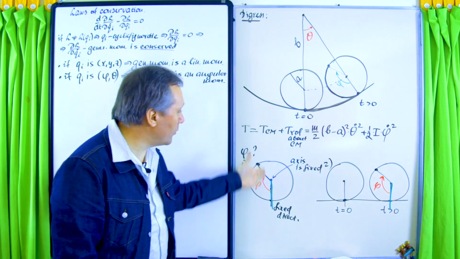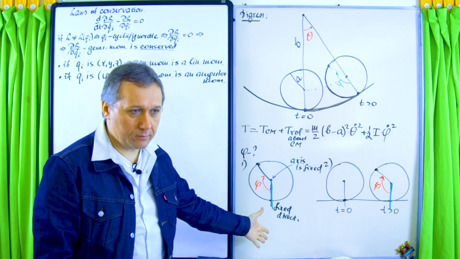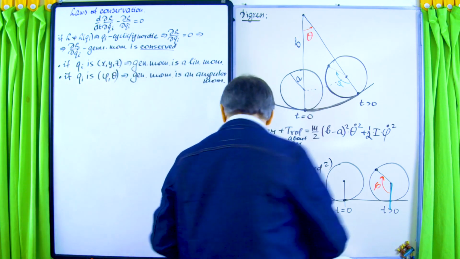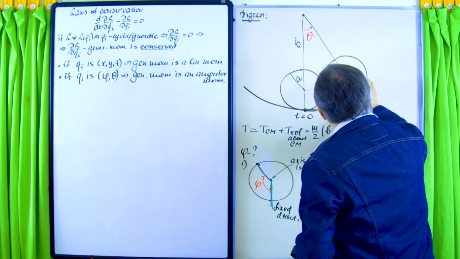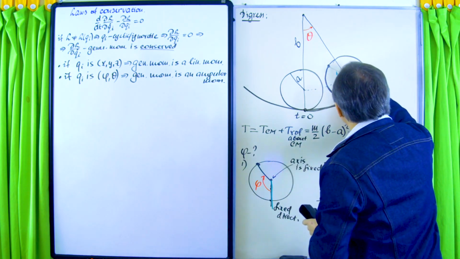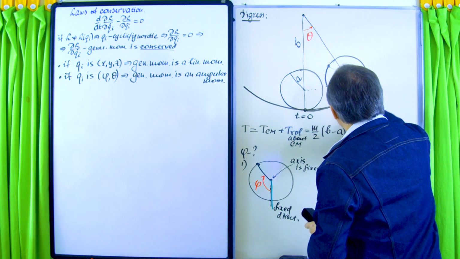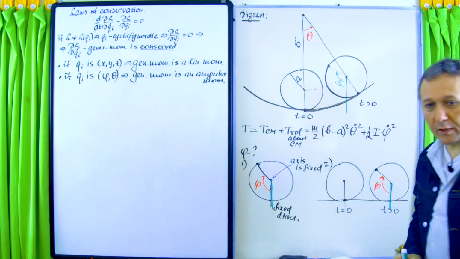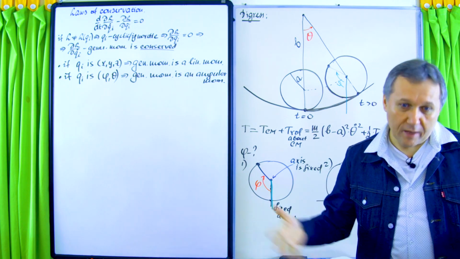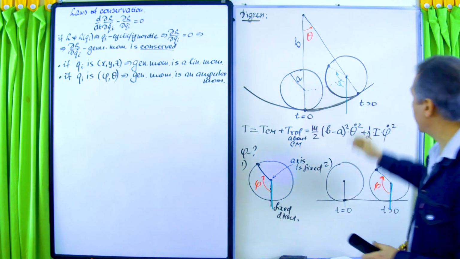So we need to choose a well-defined direction. For example, let's pick a vertical direction. So now I can change this. Let me erase this. Now I can pick this direction, well-defined. It doesn't spin because I decided to measure it this way.